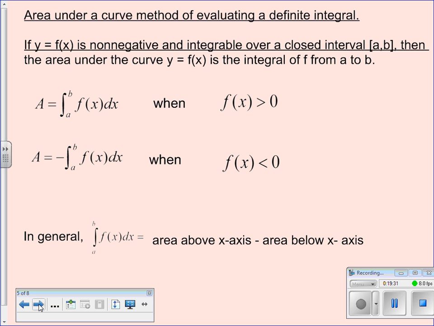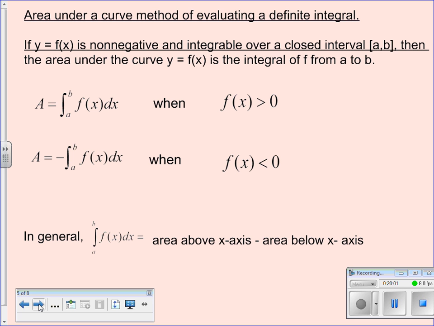Now, the area is equal to the integral from a to b of f of x dx when f of x is positive, when f of x is greater than 0. In other words, when the function is above the x-axis, the area between the x-axis and the curve is a positive area. That's what that first one says.